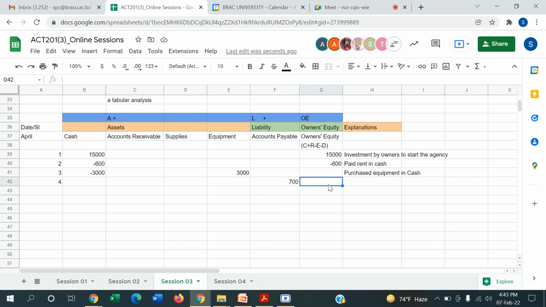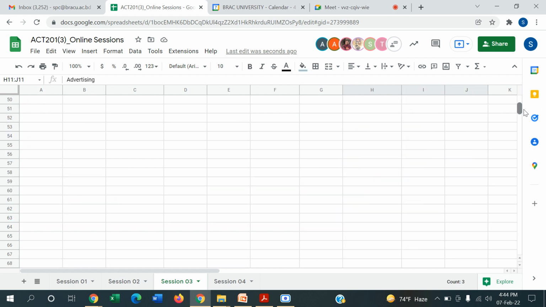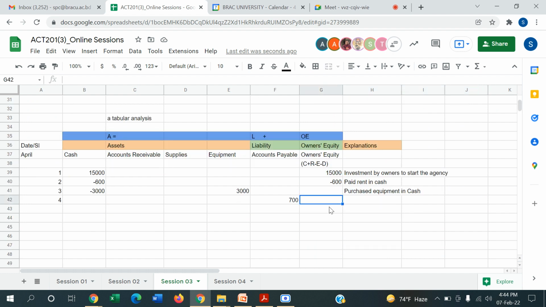So was expense increasing or decreasing? Expense was increasing. So if expense increases, owner's equity will decrease. Exactly. This is how we have to make the analysis. How can we explain it?